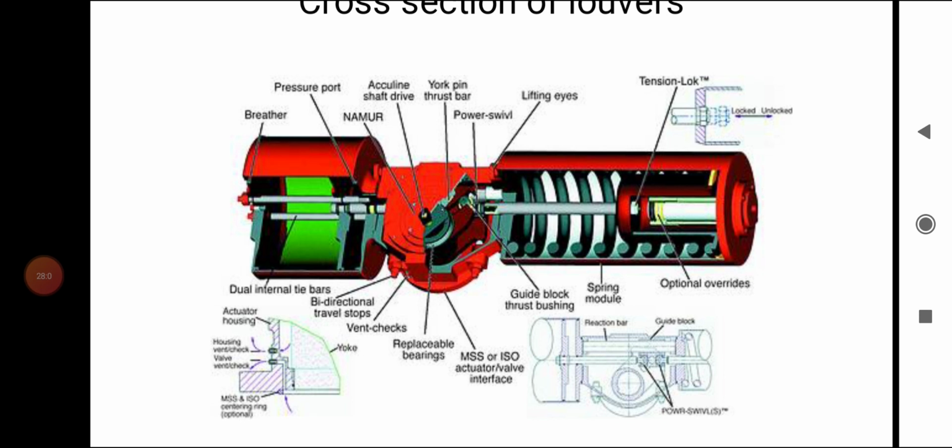The breather and dual internal tie bars, pressure port and number, Aquiline shaft drive, York pin, thrust bar, power swale, lifting heights, bidirectional travel stops, venti checks, replaceable bearings, MSS or ISO actuator valve interface, guide block thrust bushing, spring module, optional overrides, tension lock.